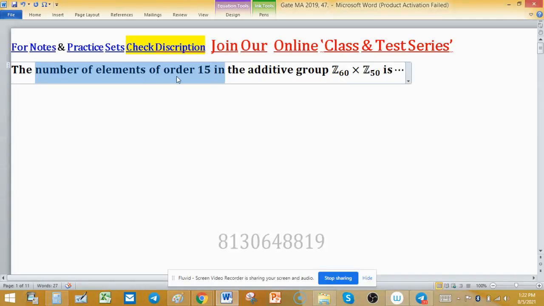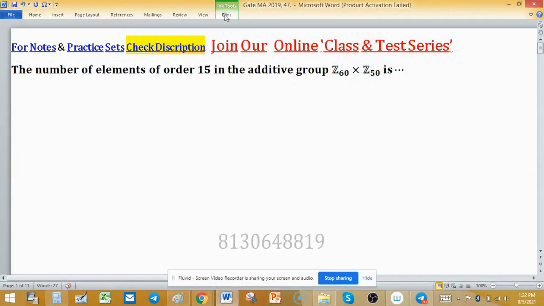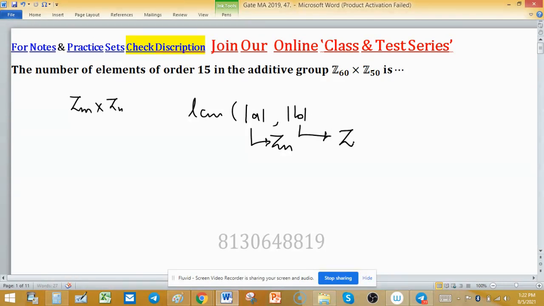Next: the number of elements of order 15 in the additive group Z60 cross Z50. How to find the order of an element in Zm cross Zn? It can be easily found by the LCM of the order of an element a coming from Zm and the order of another element b coming from Zn.